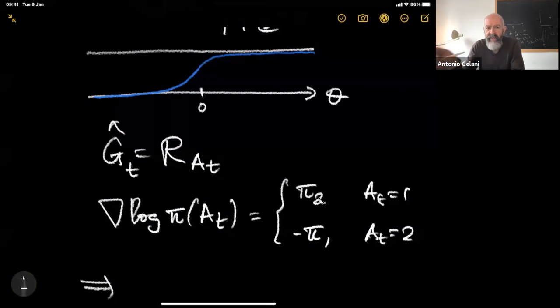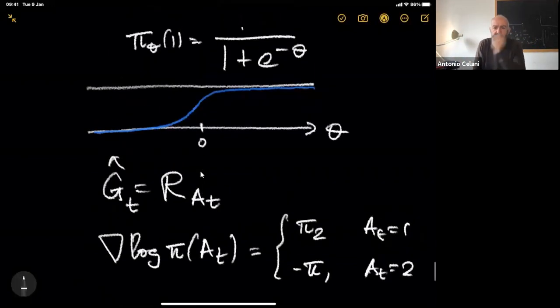It will increase your probability of taking that action. On the contrary, if your reward was not very large, or maybe negative, you will take a step in the other direction. So depending on what kind of rewards you get, you will tend to move a little bit to the right or a little bit to the left. And this will make you drift in this theta parameter.